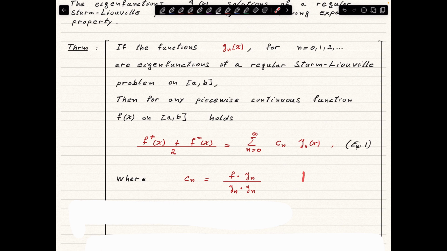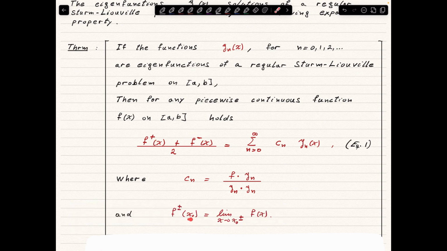Recall the magnitude of an eigenfunction is the square root of yn dot yn. So what we have here is the square of this magnitude. And what is this f plus minus that we have here? Well, they are nothing more than the side limits.